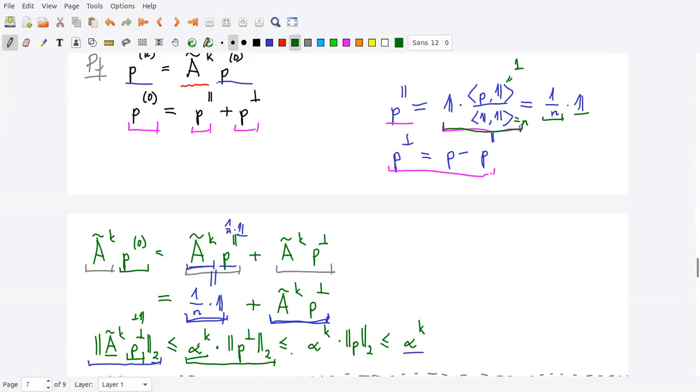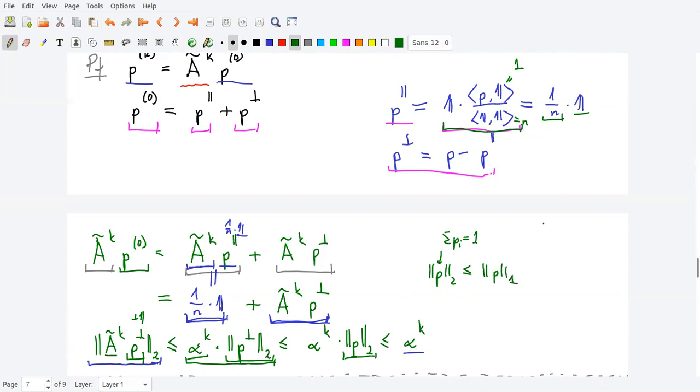Now, p perpendicular was one of the components of p in an orthogonal decomposition. So the L2 norm of this vector is at most the L2 norm of p. Now the L2 norm of p, because this is a probability distribution, the sum of pi is equal to 1, is upper bounded by the L1 norm.